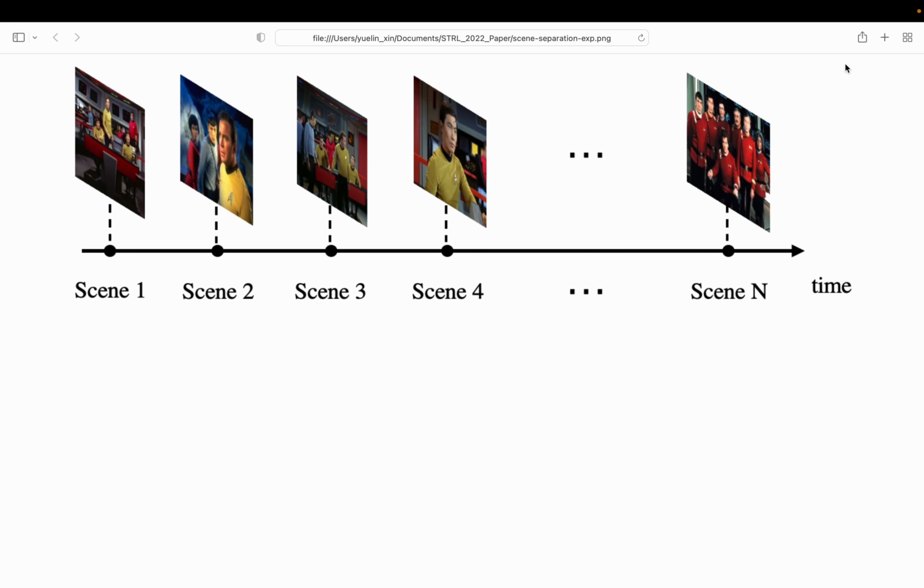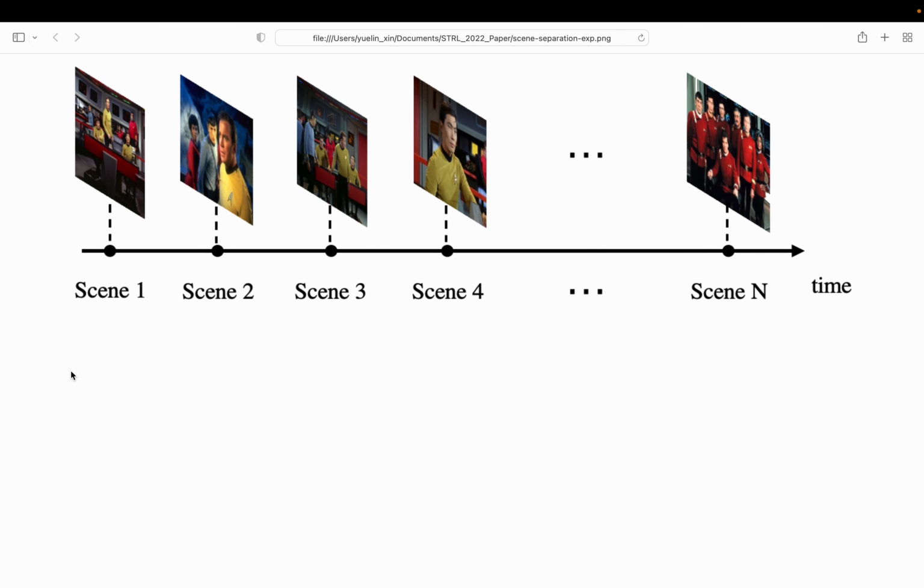The idea is that by doing this scene separation and combining it with the CNN output, we are going to have a very specific video semantics interpretation.